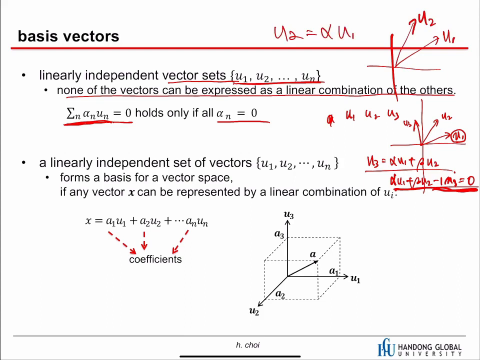Okay, u2 is not on this line, which means u2 cannot be represented by u1. So in that case, u1 and u2 are linearly independent. So don't get me wrong, we are not talking about statistical independence here. We are talking about linear algebra, and the u1 vector and u2 vector are linearly independent.